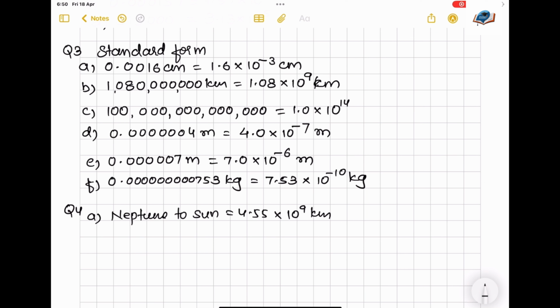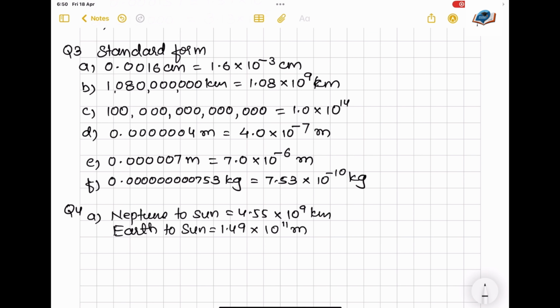Whereas distance of the Earth from the Sun, Earth to Sun distance is 1.49 into 10 raised to 11 meter.